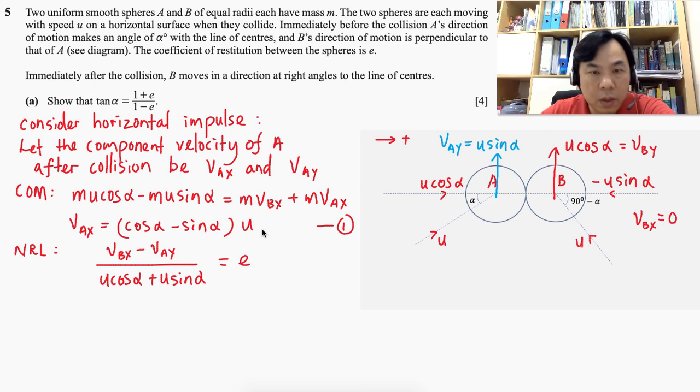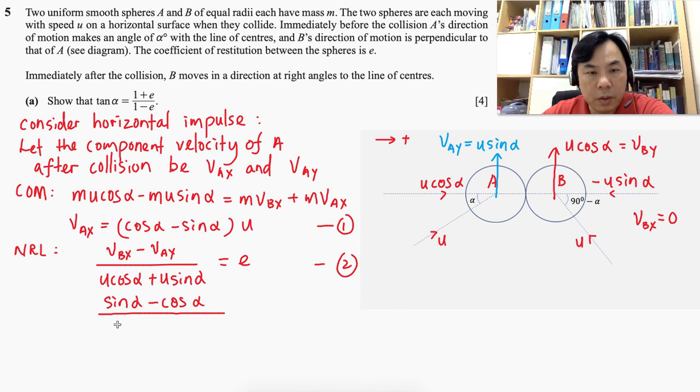Now you can see that from equation number 1, we can actually rewrite this as sin alpha minus cos alpha. Now the u will be cancelled off. Once I substitute number 1 into number 2, all the u will be cancelled out.